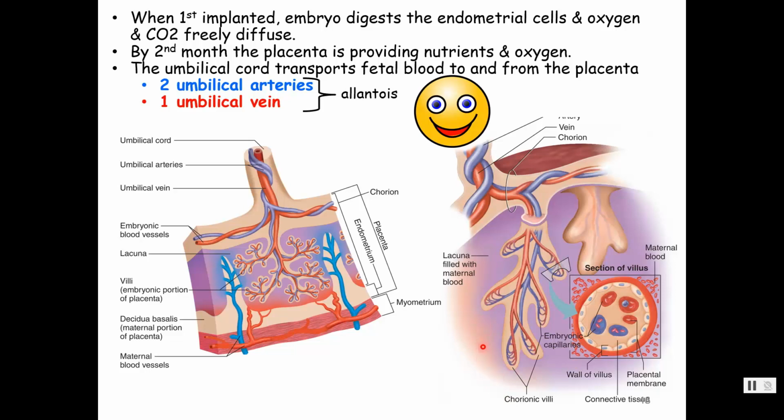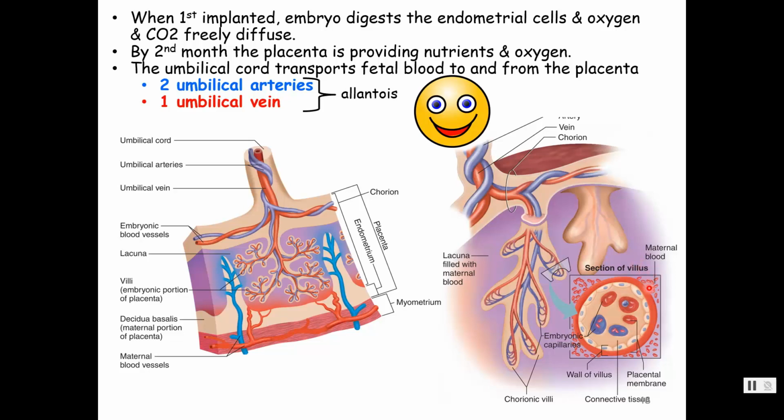We get a rich blood supply from the mom to the decidua basalis, the maternal part of the placenta. Then we have these chorionic villi, and then we have these embryonic capillaries. Diffusion is going to be across that placental membrane. So you have the wall of the villus, some connective tissue, and then the embryonic capillaries.